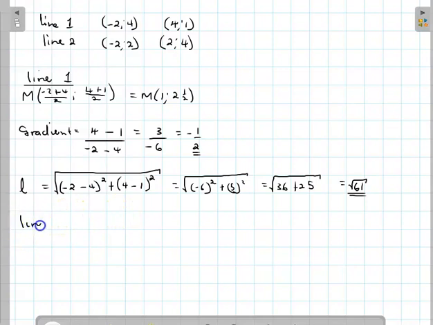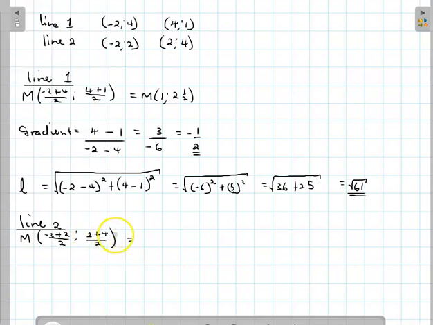Right, so we go to line 2 now. For line 2, we start with the midpoint. So M will be negative 2 plus 2 all over 2, and then 2 plus 4 all over 2.